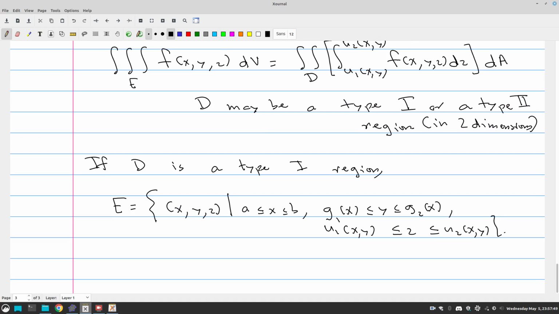Right, so E can be written in this form if D is a type 1 region.